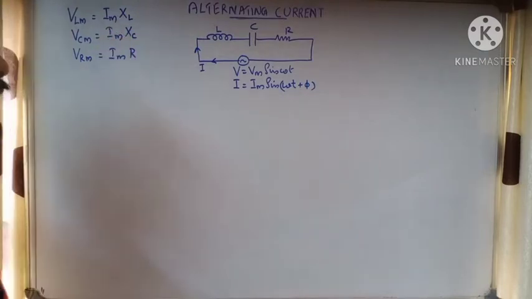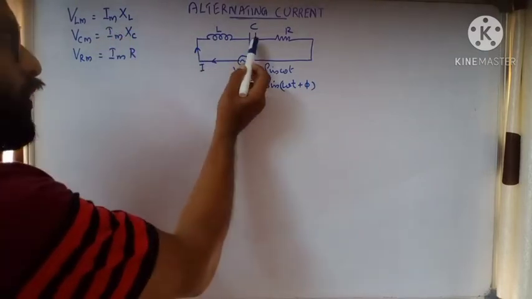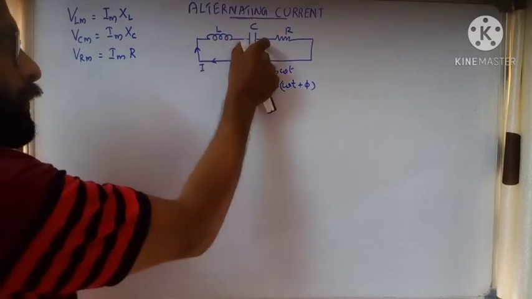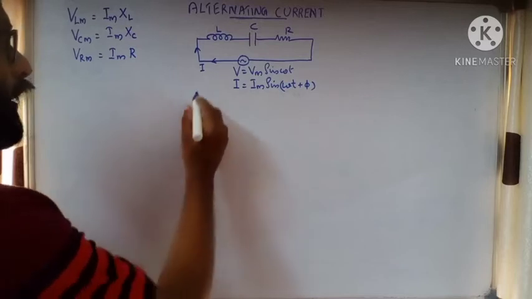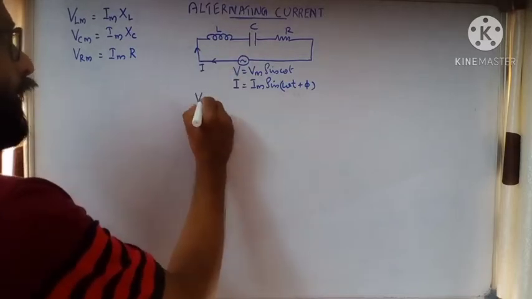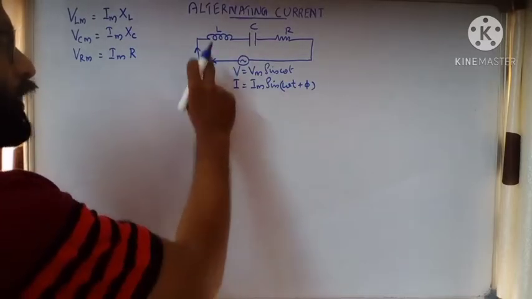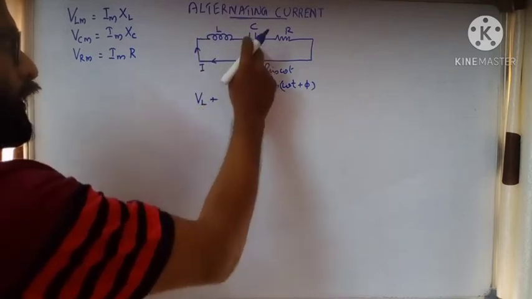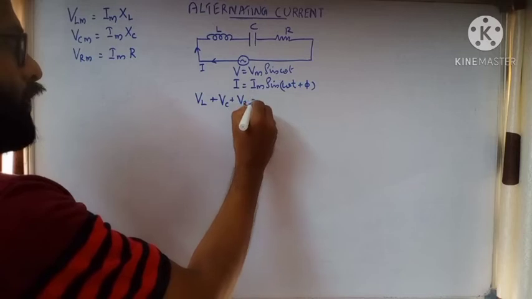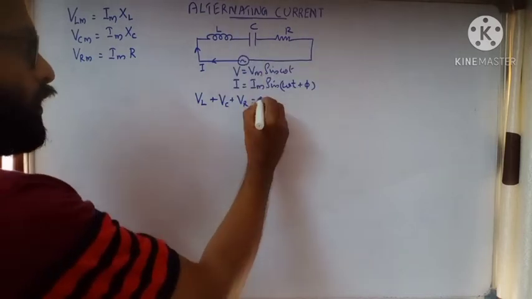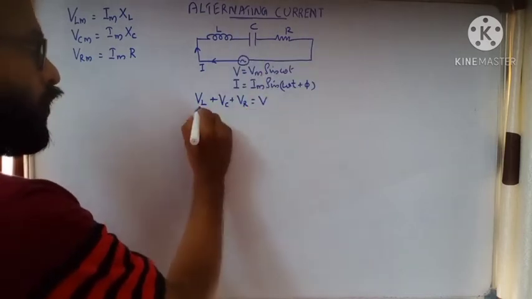Now we know that when we add the voltages across the inductor, capacitor and resistor, it should be equal to V. So generally we can write a relation: VL, the voltage across the inductor, plus the voltage across the capacitor plus the voltage across the resistor. By Kirchhoff's law, when you add these three, it should be equal to V, the supplied voltage.